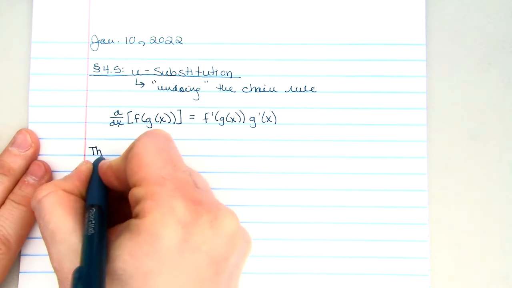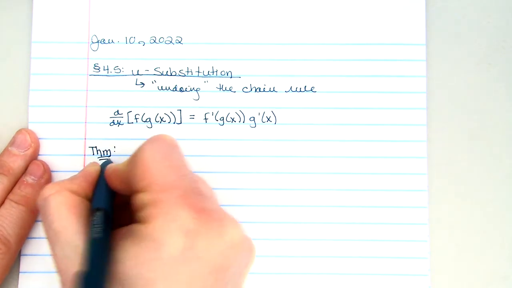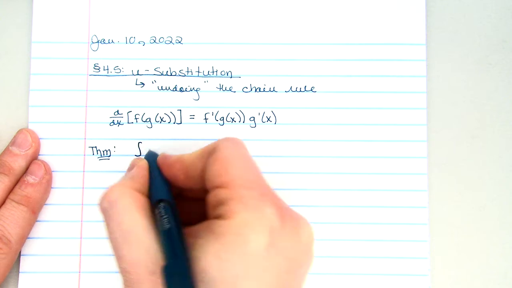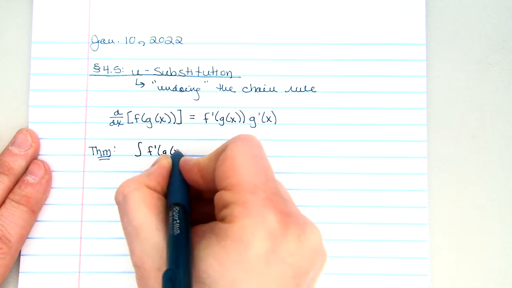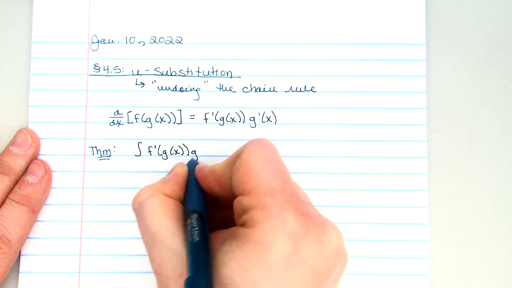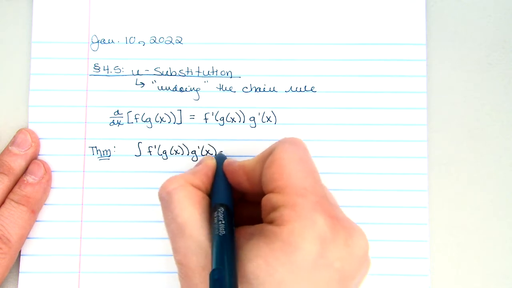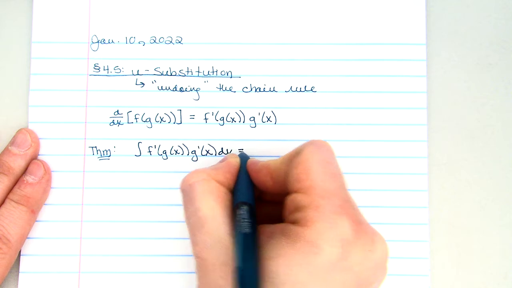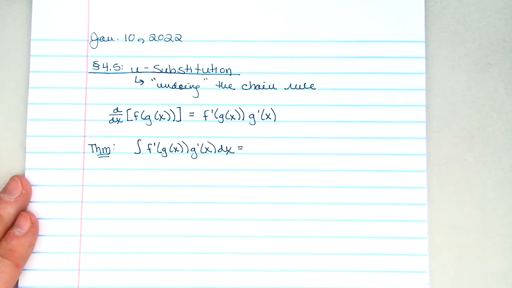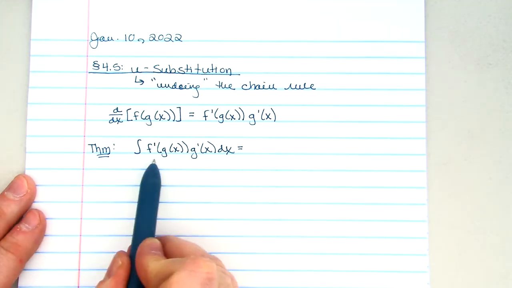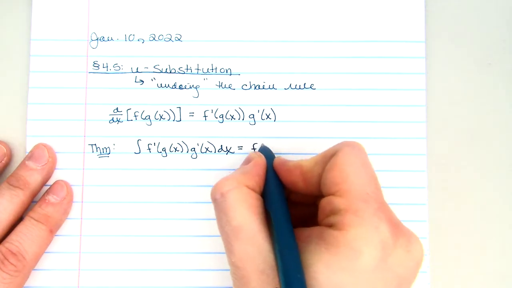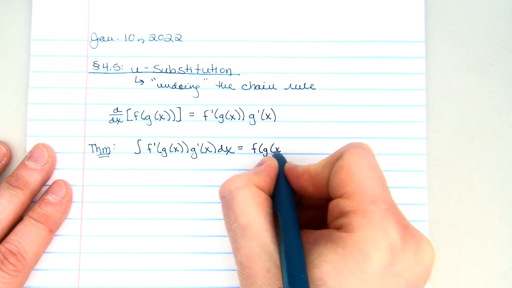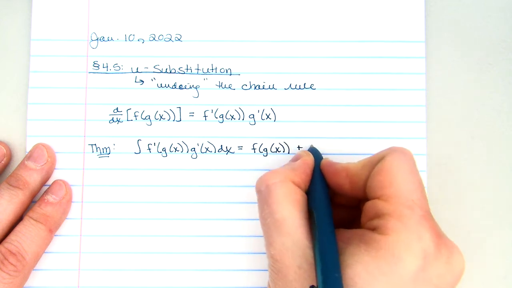We have a theorem that says, if I want to find the integral of f prime of g of x times g prime of x dx, I'm asking you what has this as its derivative. Well, I know what has that as its derivative: f of g of x plus a constant.